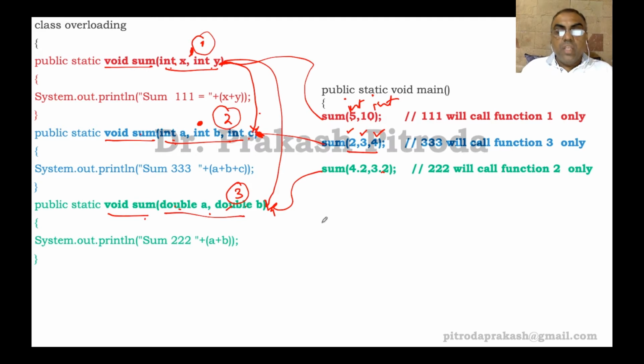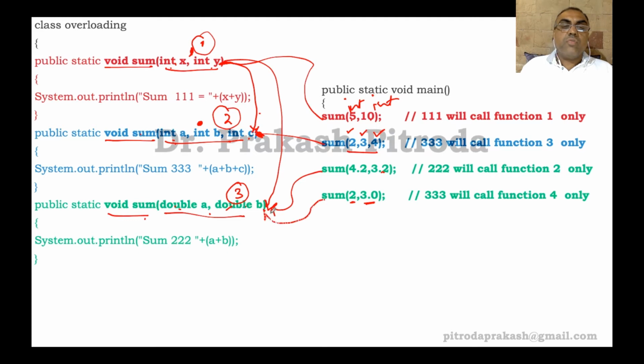Then in case you have one integer and one decimal, the computer will use this particular function, because 3.0 is technically a double value, but 2, which is an integer, can easily go, as the computer will use implicit cast. For implicit cast, you need to go to the Java token theory. There are 3-4 parts where you will find explicit and implicit cast.